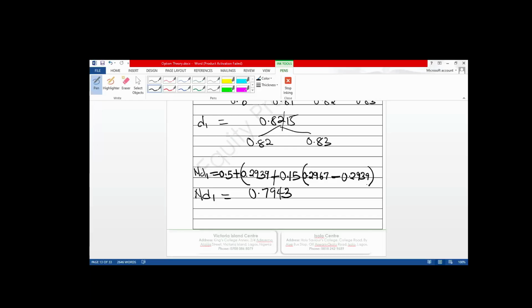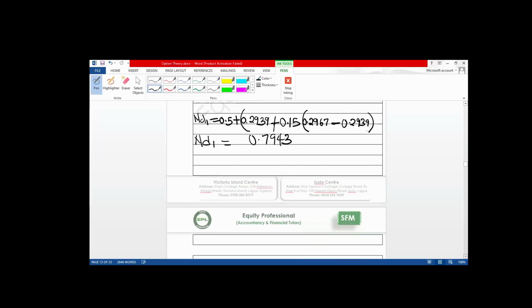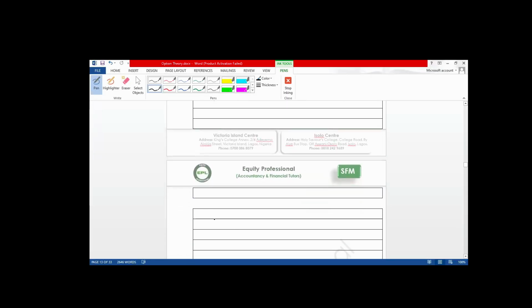You have resolved ND1. Let's go through ND2 again. Your D2, the figure you have is 0.797296.